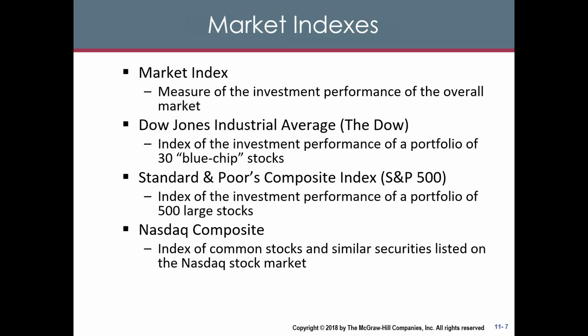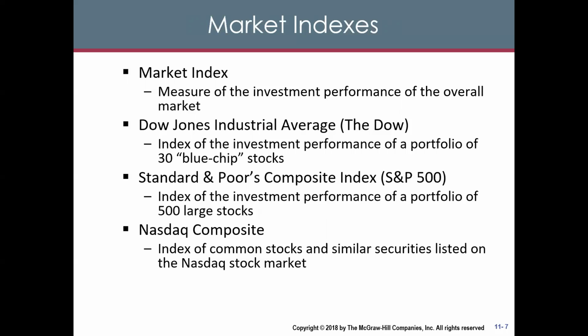There are three very important indexes. The first is the Dow Jones Industrial Average, which is the Dow. It's an index of the investment performance of a portfolio of 30 blue chip stocks, 30 very large companies. So remember, it's biased towards large companies. Also there's the S&P 500, the Standard & Poor's Composite Index.